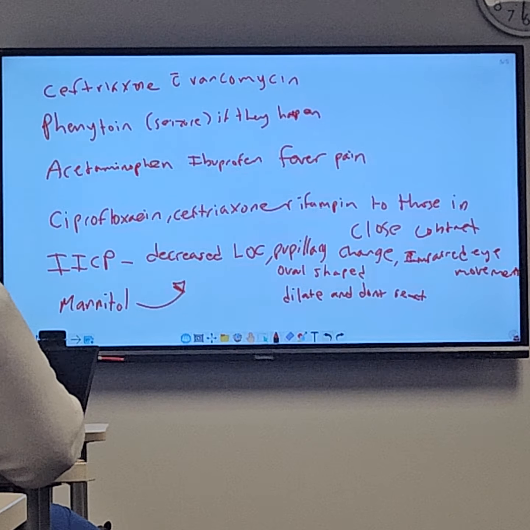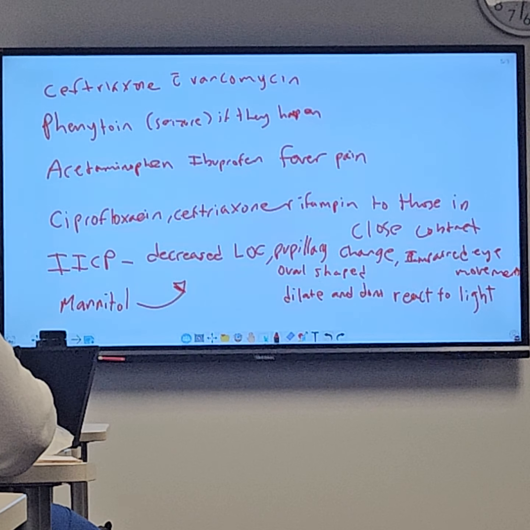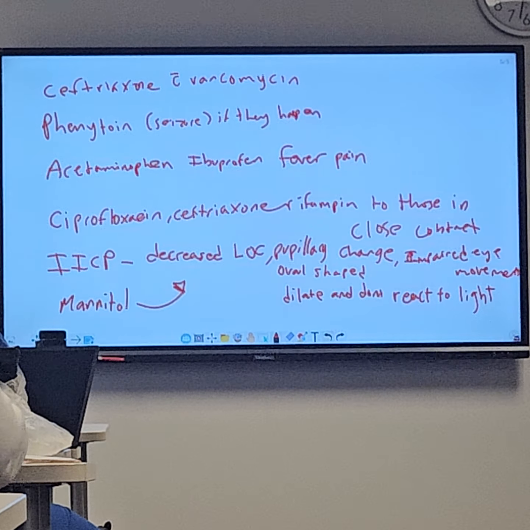It says dilate and don't react to light. Okay, so mannitol. Y'all could have laughed, but Krishna was the only one who knew that it was mannitol.